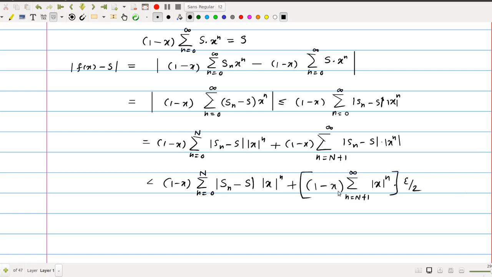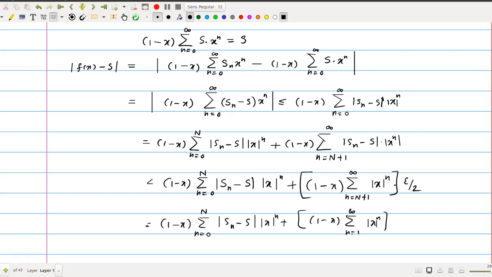But we know that when we consider this, this quantity is less than epsilon by 2, because this can be written as 1 minus x times the summation from n equal to 0 to N of |Sn minus s| x raised to n, plus this can be replaced by 1 minus x times the summation from n equal to 1 to infinity of |x| raised to n.